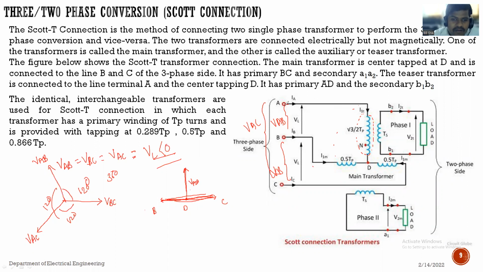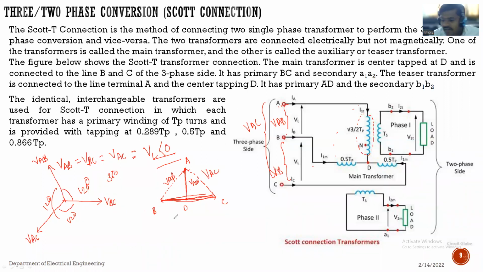Now we want to calculate the voltage VAB. Suppose this is A point. A to B voltage is nothing but VAB. Suppose I have drawn here, this is the VAB voltage or VAB vector. Similarly, A to C is nothing but this one is the VAC voltage.